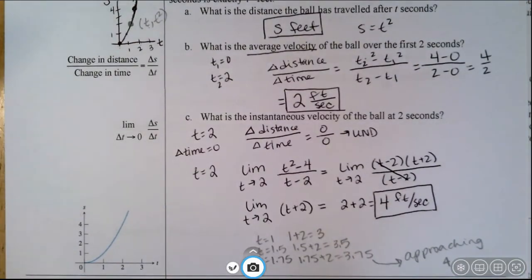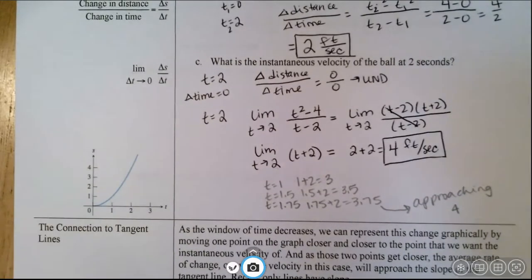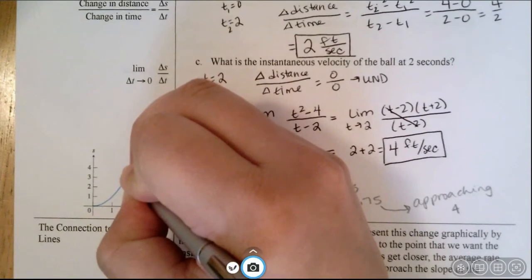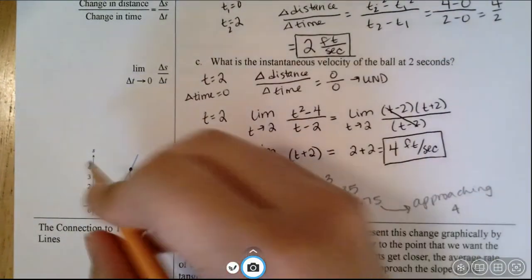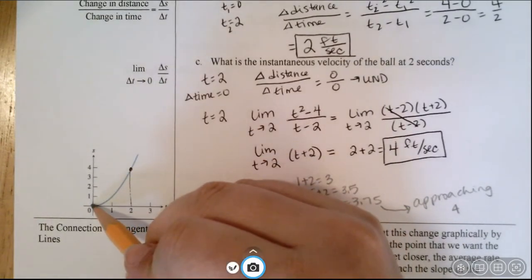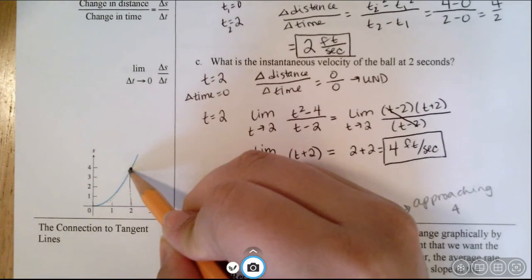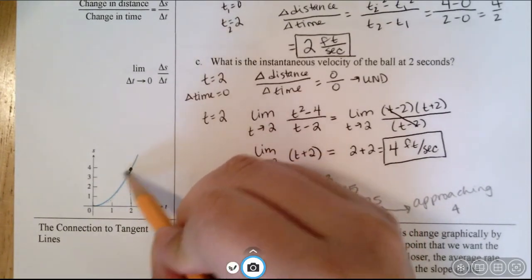Okay, so again, if we look at the diagram, I have the graph drawn here as well. Okay, we're looking at time 2, what is our instantaneous rate of change? And in order to find the instantaneous rate of change, we're taking a point and we're taking points closer and closer and closer and closer to 2 so that we can find out what is the slope between those points.